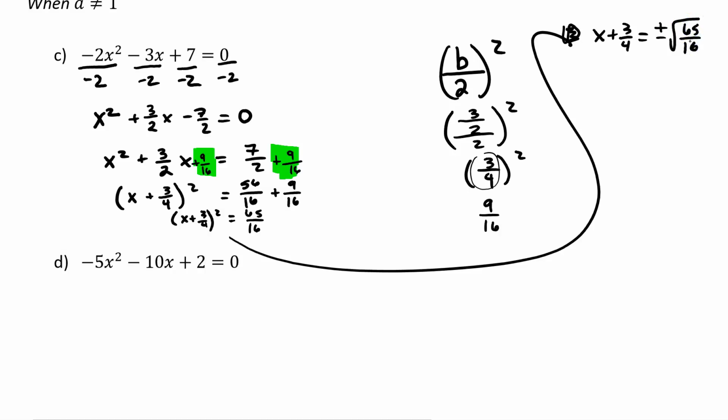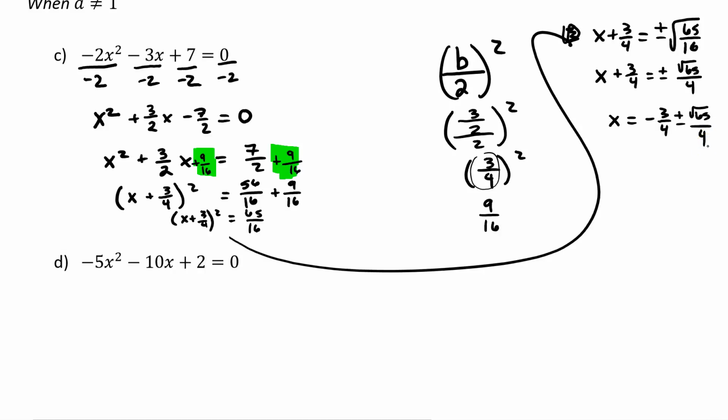Now I know what the square root of 16 is. I know that it's 4, so I can simplify that. x plus 3/4 equals plus or minus the square root of 65 over 4. I'm going to subtract 3/4 from both sides. x equals negative 3/4 plus or minus root 65 over 4.